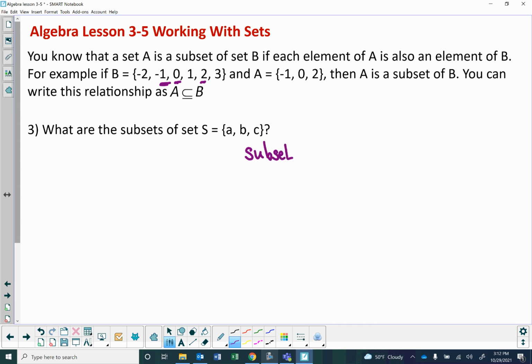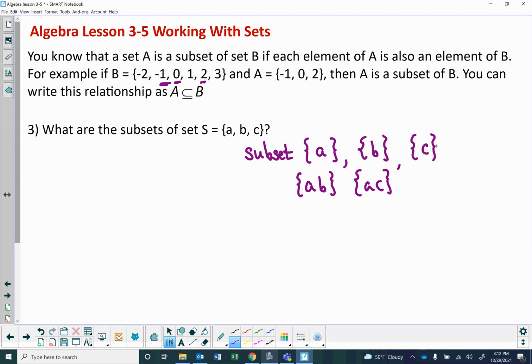We could just have A. Or we could just have a set that has B. Or we could just have a set that has just C. Or maybe we have a set that has AB. Or a set that has AC. And by the way, BA and CA are the same as AB and AC. Order doesn't matter. The letters in it do.